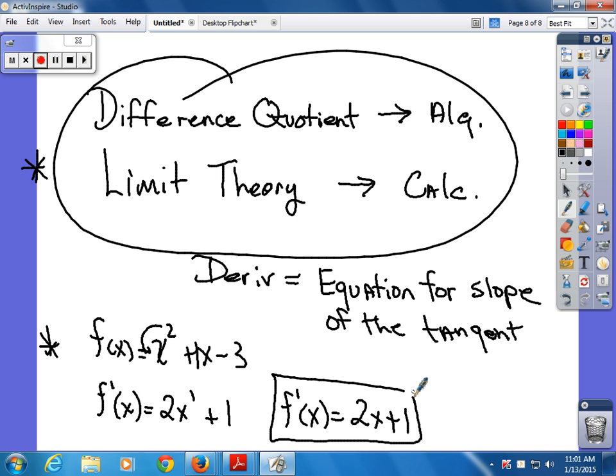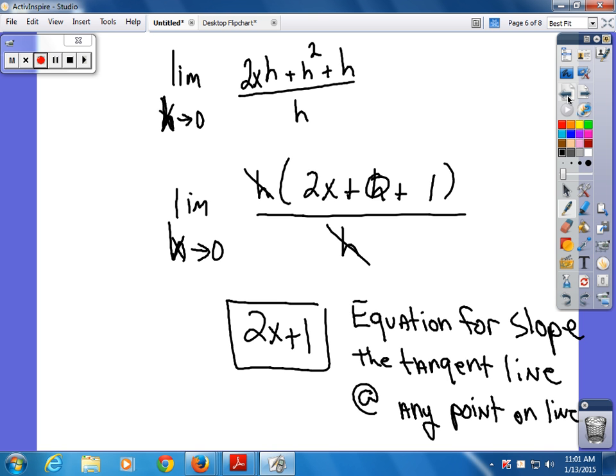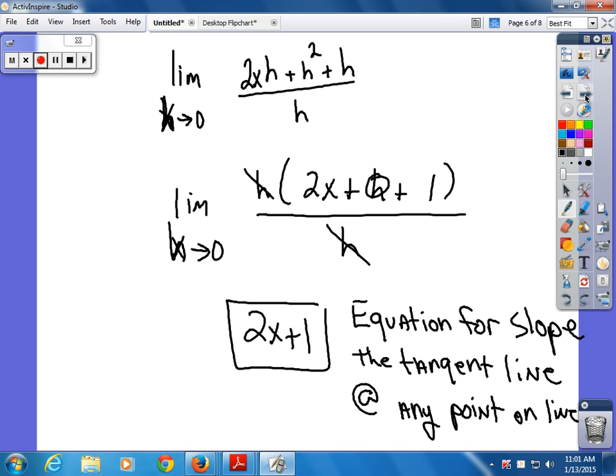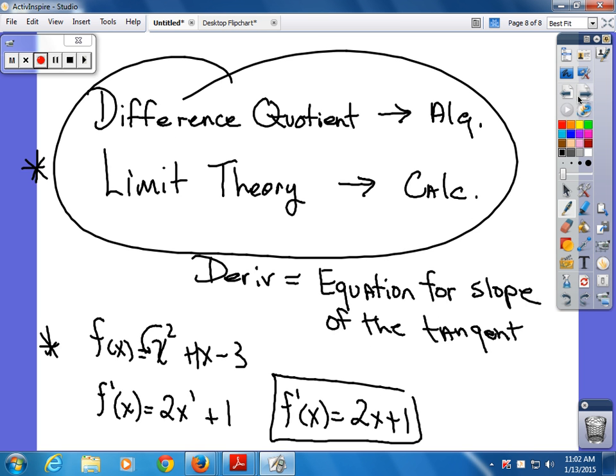So either you can do all of this right here: plug, shove, do all the algebra, then apply the limit theory and get that. Or you can apply your calculus rules for differentiation and bring the 2 out front, do that, and you get the same thing.